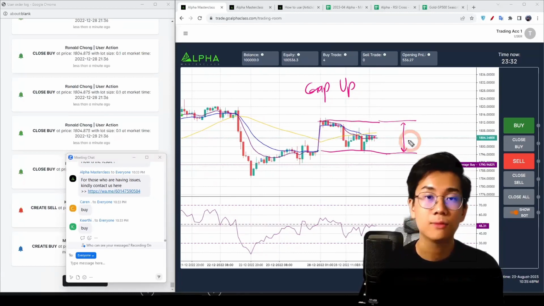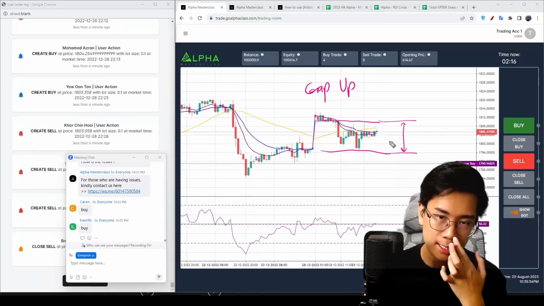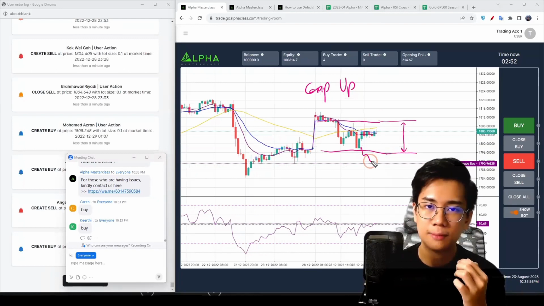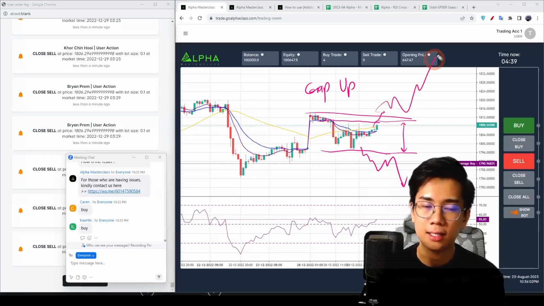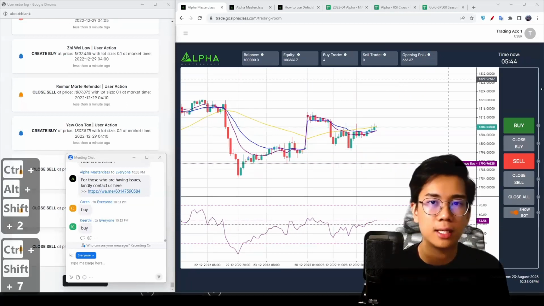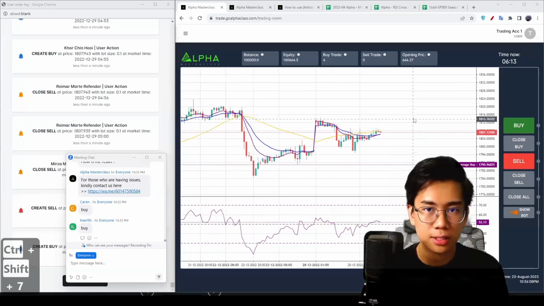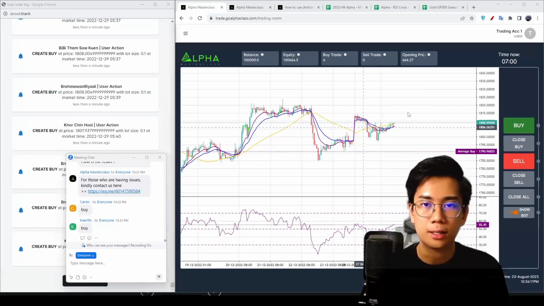Within this distance we call it the pending zone, which is waiting to see whether it goes up or down. Technically, if it comes down, it will likely go down; if it goes up above this level, it will likely go higher. This usually applies in mature markets such as stocks, commodities like gold and oil, and also forex.